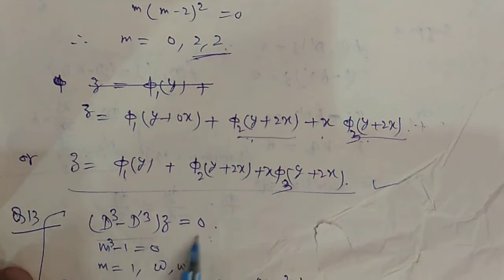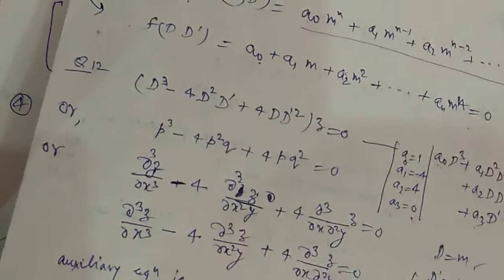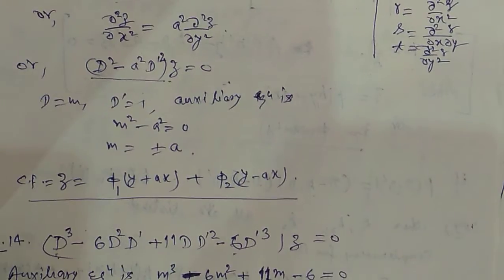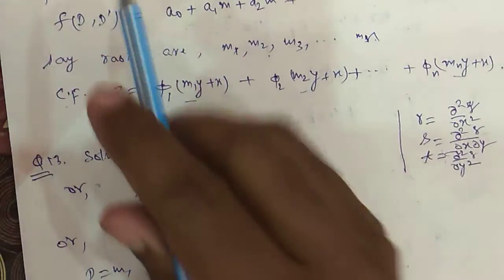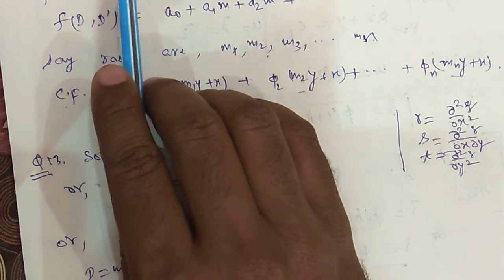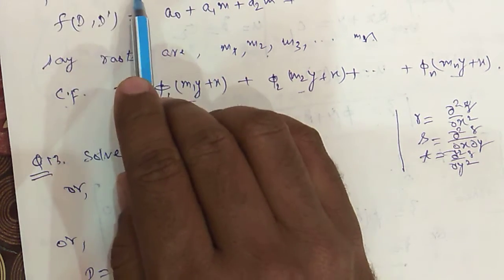Similarly, we can solve others. Now, if an is non-zero and a0 is 0, then we put D dash equal to m and D equal to 1.